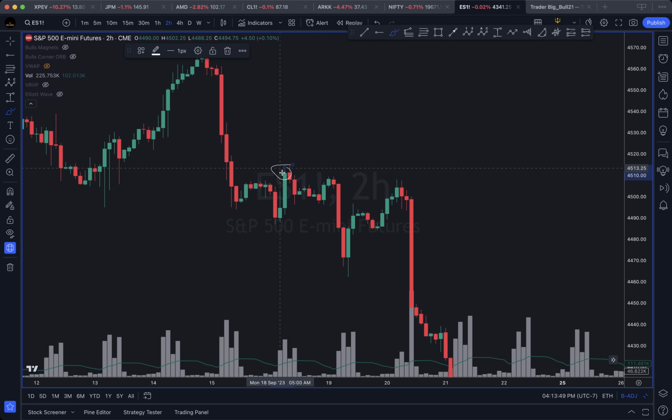This supply zone produced a sell right here, and at this point I don't know where to short it, because price already formed a supply zone here. I wouldn't go short here, because there is no zone on the right side. Maybe I'll just place support and resistance at this point, but there is no supply and demand at this level.